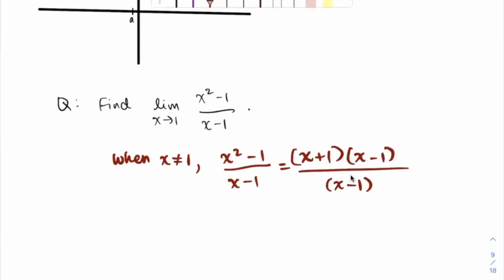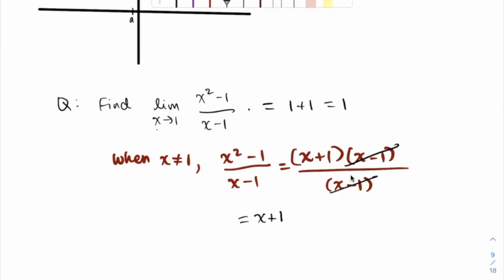And because we're assuming that x is not equal to 1, we can cancel. So the x minus 1 cancels, and this is just equal to x plus 1. And this is continuous away from 1. So to find the limit, we can now just substitute x equal to 1 into this. And so this limit is going to be equal to 1 plus 1, which is 2.